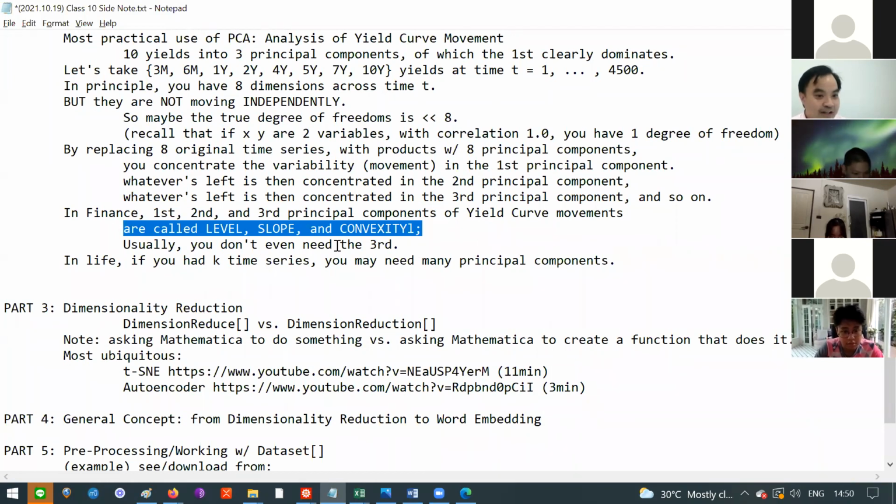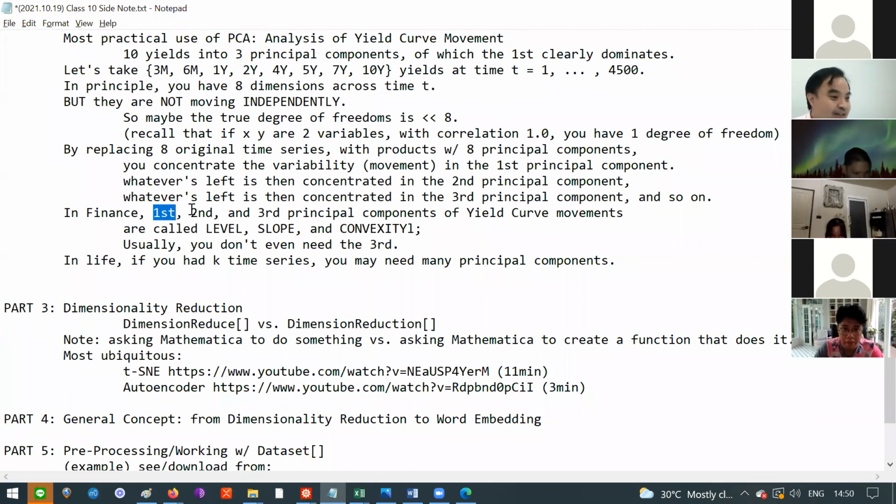Okay, you only need 3. Most of the time you get the first one right, prediction right, and you're done. The second one is a bonus. The third one, fourth one, nobody even cares. So now we talk about 8 down to 1 or 2 or 3.